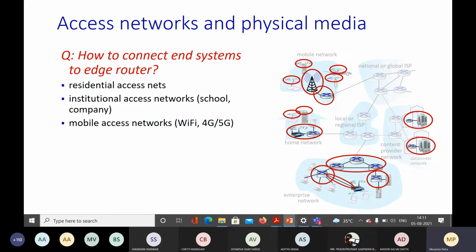You have the institutional access network, which you can also call the enterprise network, used in general in companies, institutes, schools, etc. And then you have mobile access networks. Here in our mobile access networks, we will have cellular networks, which is how your mobile phones communicate with each other, that is your 4G, 5G, etc. And then you have Wi-Fi also under this.